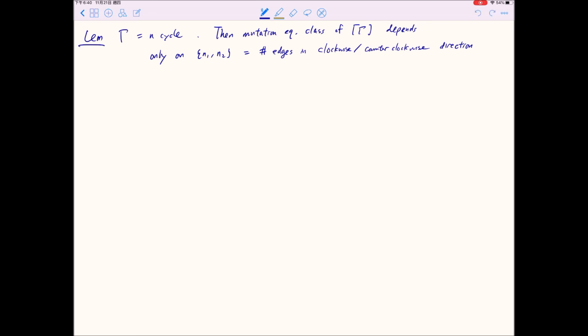If you have an n-cycle, you just count how many arrows are pointing in one direction and how many in the other, and the mutation equivalence class will only depend on these two numbers.